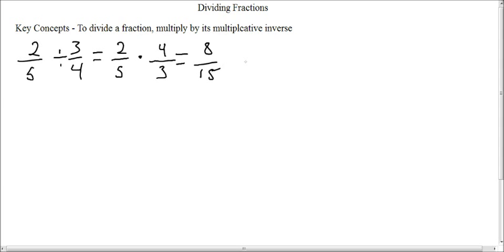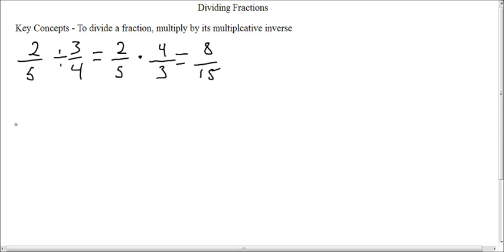Now we also said that if we cannot simplify before we multiply, then the number is going to be simplified unless it is an improper fraction after we're done. So here we see 8 over 15 cannot be simplified, and that would be our answer. Let's take a look at another one.